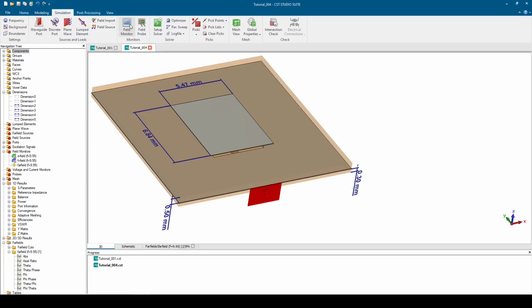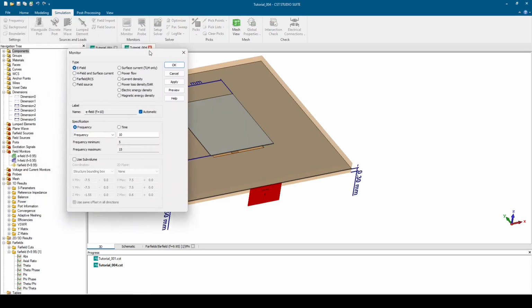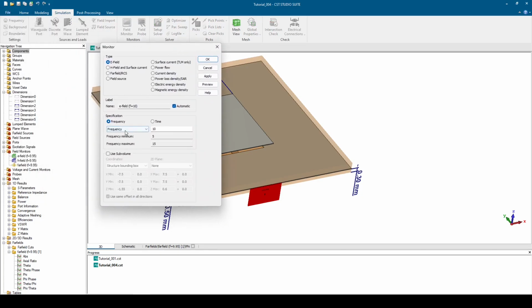If you want to get the results, we go to the simulation field monitor. It opens this window, so you can set a couple of parameters. In our case, we want the far field, or even the E field, but we target the far field to see the radiation pattern and so on. You can either do many frequencies, or just target one frequency.